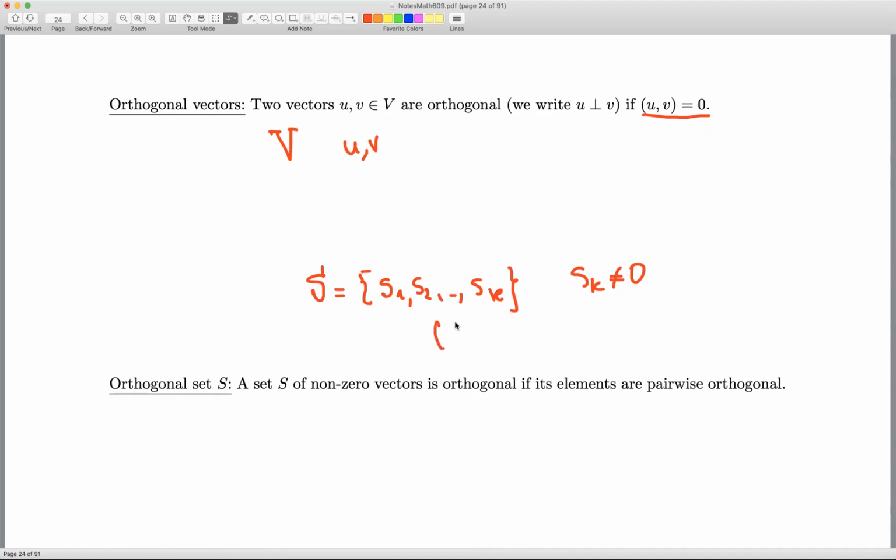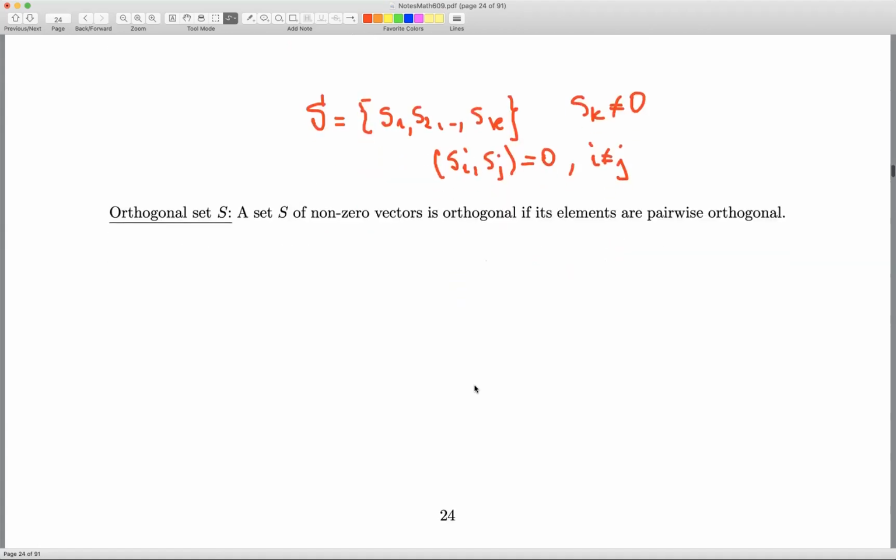What does that mean? If I take one element and another element, then this inner product is equal to 0 every time when I choose different elements. So every time when i is different from j, the inner product of Si with Sj is equal to 0.